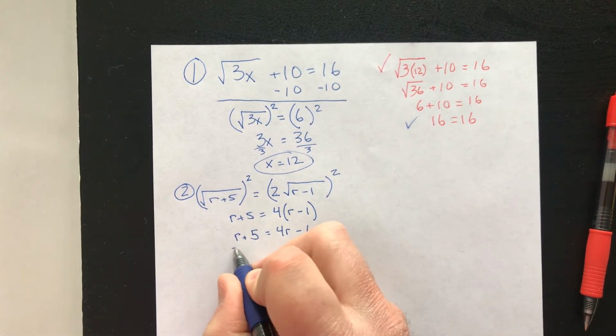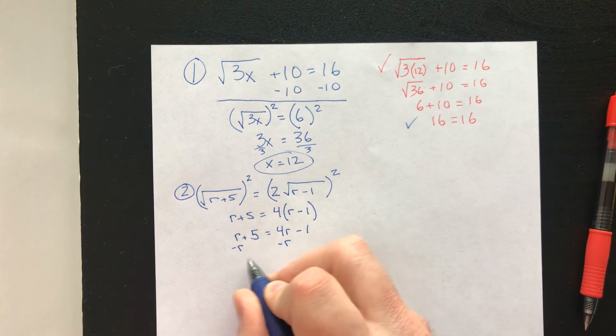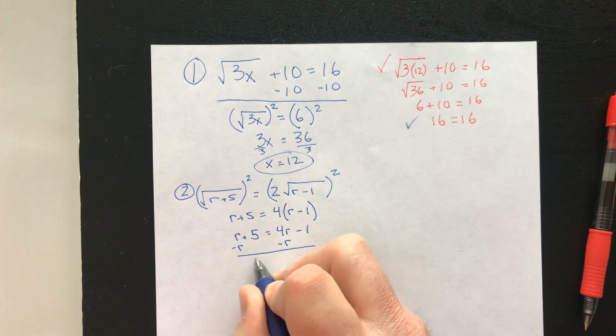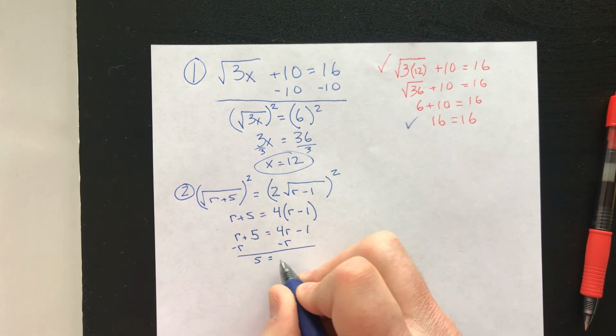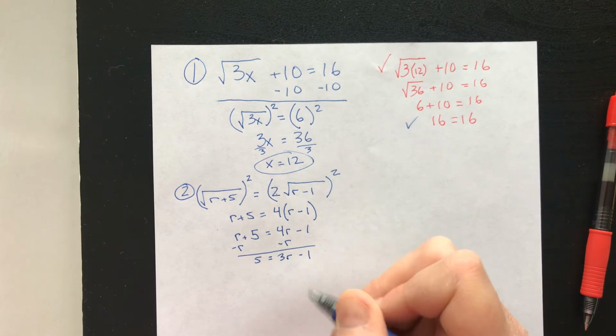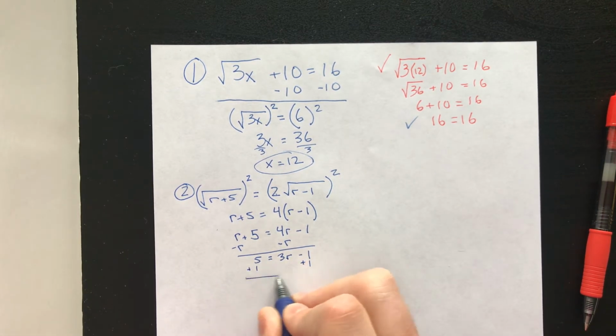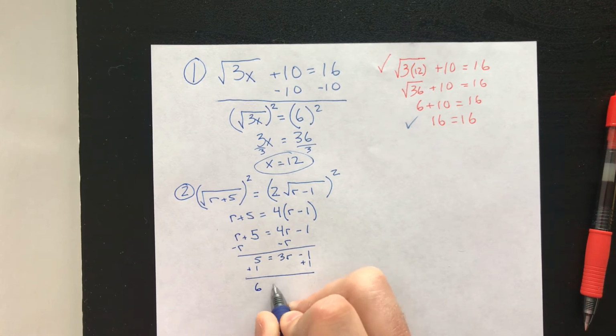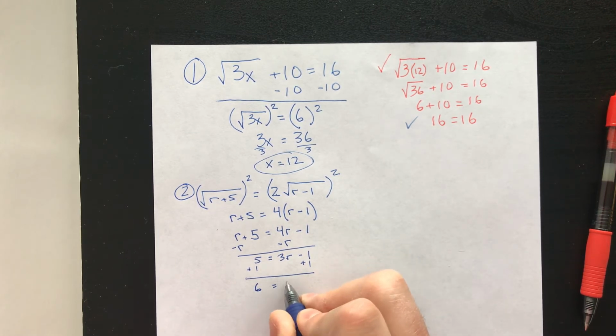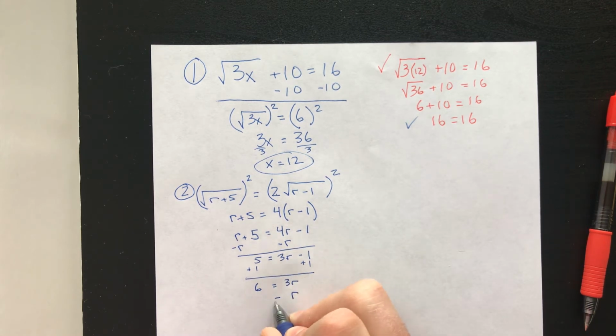I'm going to subtract the r. So I have 5 is equal to 3r minus 1. Then I'm going to add the 1. 6 is equal to 3r, and finally divide, r is equal to 2.